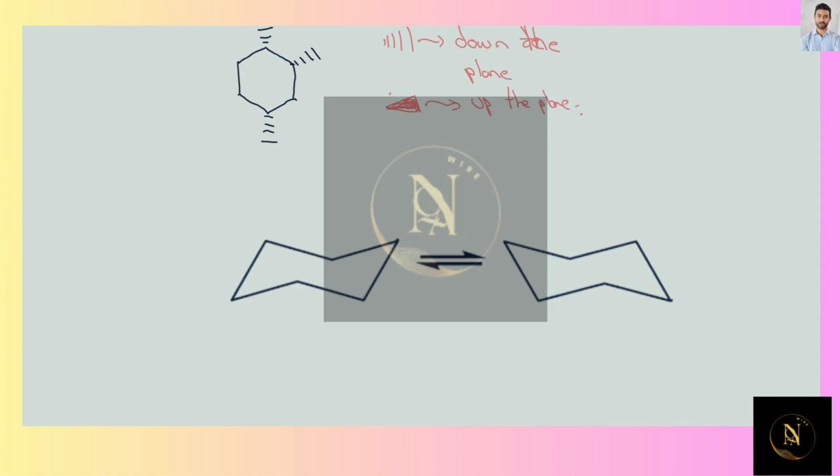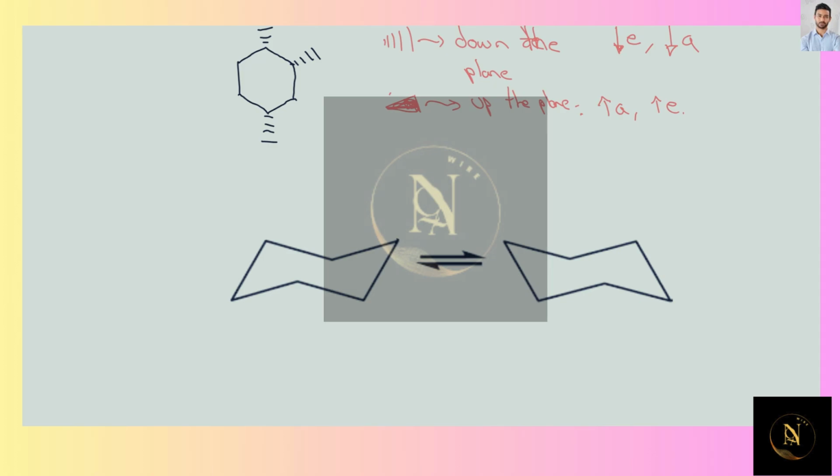That means that each of them is going to be either a down equatorial position or a down axial position, and this one corresponds to either an up axial position or an up equatorial position as well. In this case, all of the ligands that we have here are going to be looking down, so they need to be pointing down in our cyclohexane conformations.